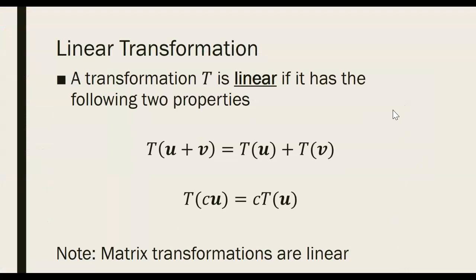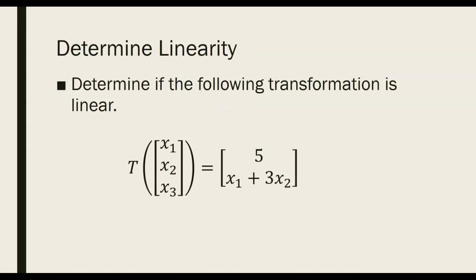Now, a good question to ask is, if we define a transformation, how can we tell if it's linear or if it's not? So let's try to determine if the following transformation is linear. Here's what our transformation is going to do. It's going to take an arbitrary vector from R3, a three-dimensional vector, which we'll call x1, x2, x3.